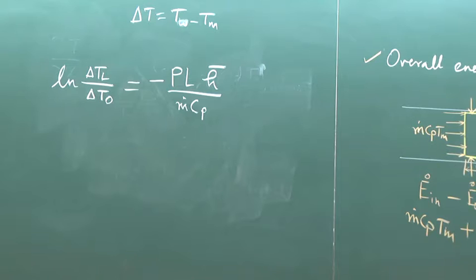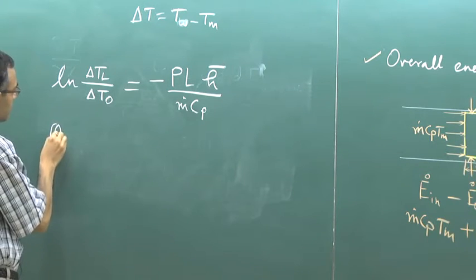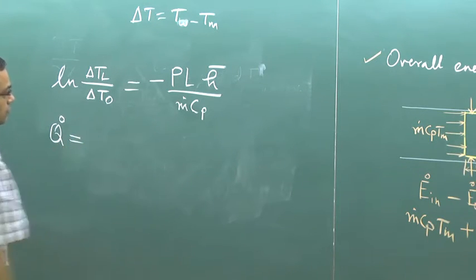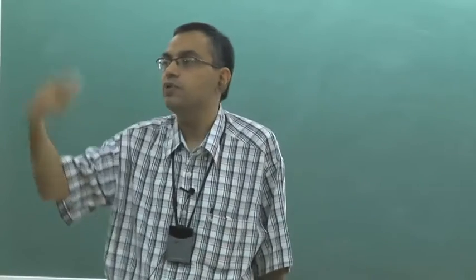Now what is the total heat transfer rate? Q dot, let us say you transfer some heat from the wall to the fluid. So how can you measure what heat has been transferred from the wall to the fluid?